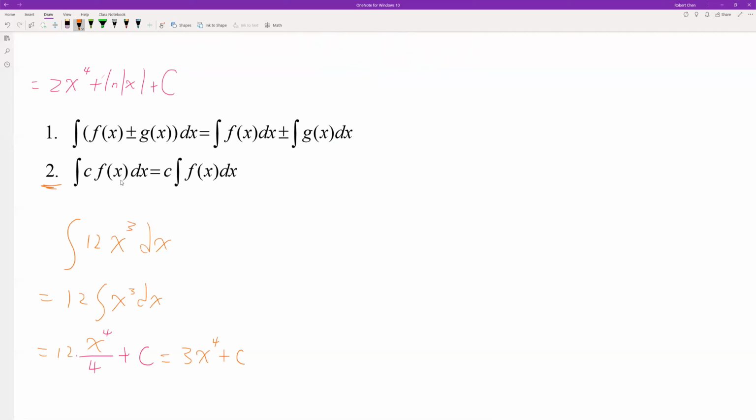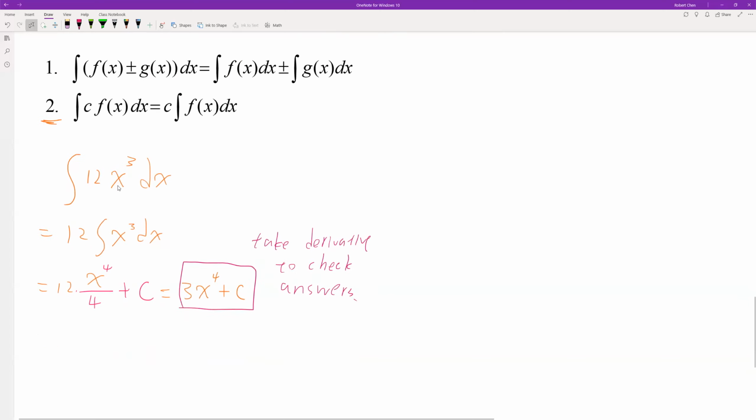Now, in order to check if you have the correct antiderivative, you can always take the derivative of your result to check your answers. So let's do that.